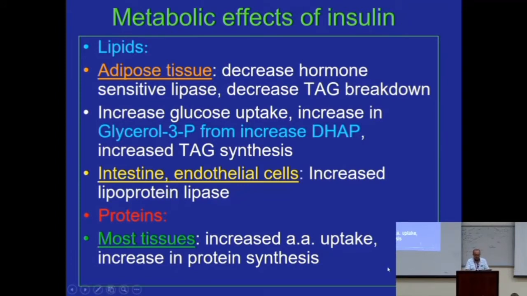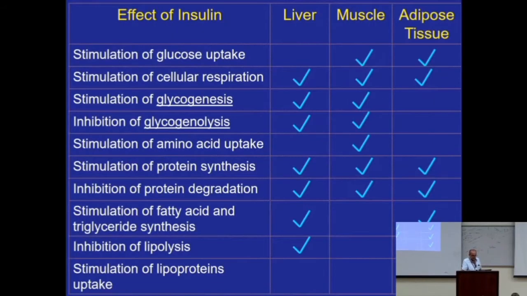Importantly, though, the muscle will use up a lot of those amino acids because of its mass. But as I mentioned again, you have three things that are stimulated by insulin: glycogen synthesis, TAG synthesis, and protein synthesis.